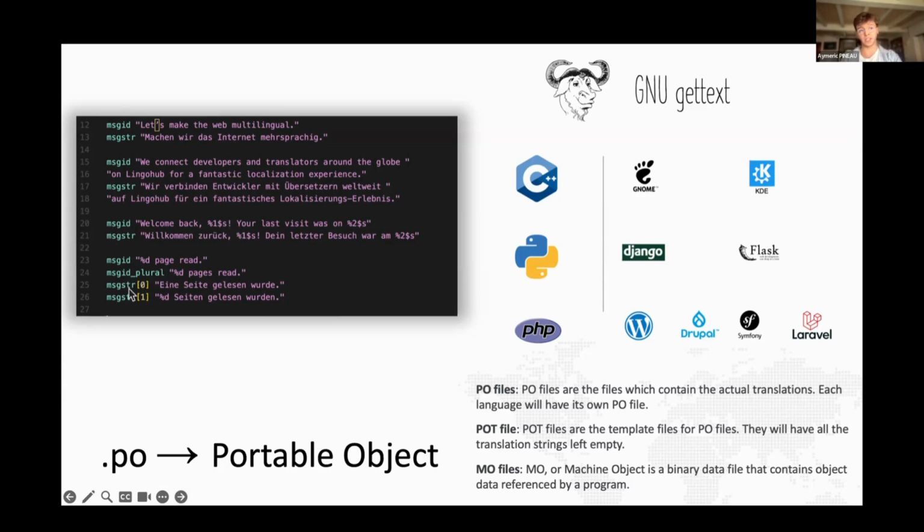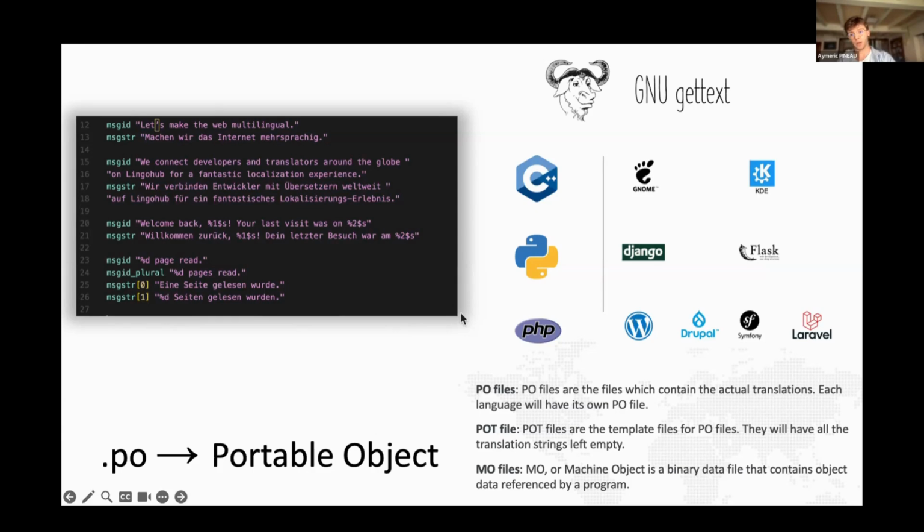We can manage pluralization, genderization, and everything. And still right now, we use that format in C, in environments such as GNOME, KDE, or even in Python frameworks like Django, Flask, PHP frameworks like Symfony, Laravel, or even by developing templates for WordPress or Drupal, we use that kind of portable text format.